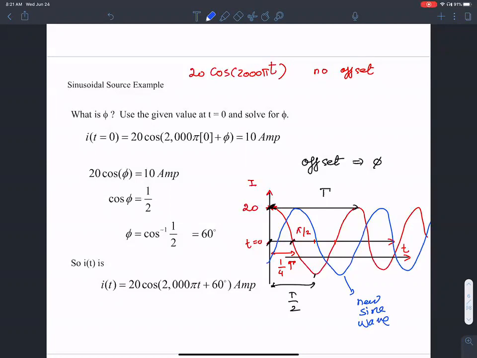If you were to measure the frequency of this one, which is 1/T, it is exactly the same as the frequency of the red wave. They're just time shifted. One is the time shifted version of the other, and that represents a cosine wave with some kind of phase shift.